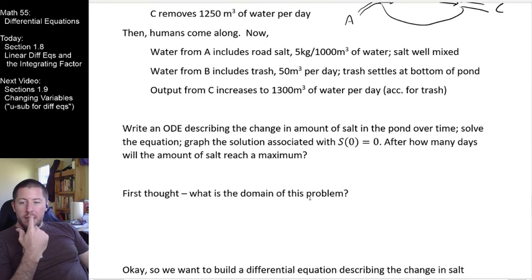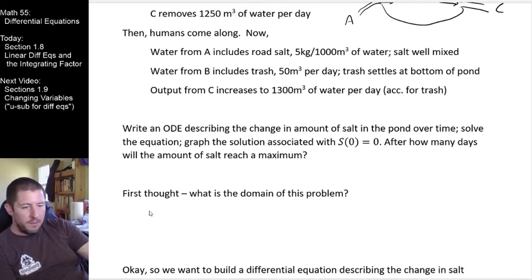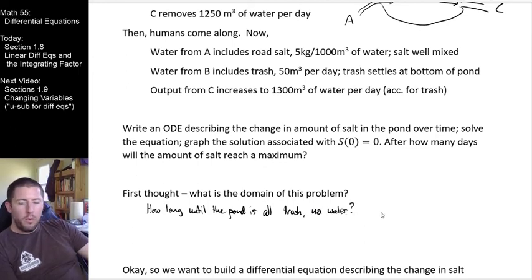So, what is the domain of this problem? How long does it take until this is just an all trash pond, right? Well, we've got 10,000 cubic meters of water initially, and we're going to lose 50 cubic meters of water per day, right?